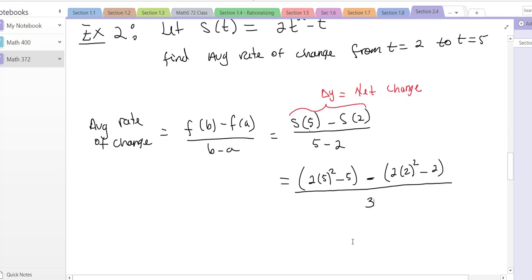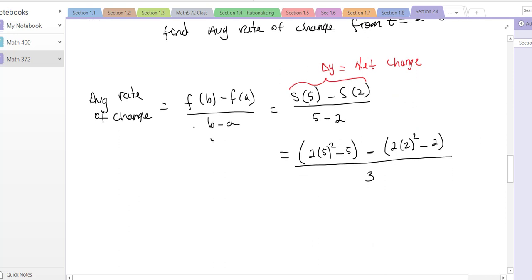And we continue to simplify. So 5 squared is 25 times 2 is 50, minus 5 is 45, minus 2 squared is 4 times 2 is 8 minus 2 is 6. So I have 45 minus 6 over 3. 45 minus 6 is 39 over 3.